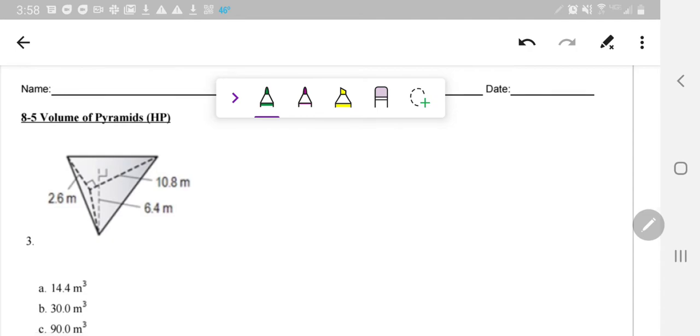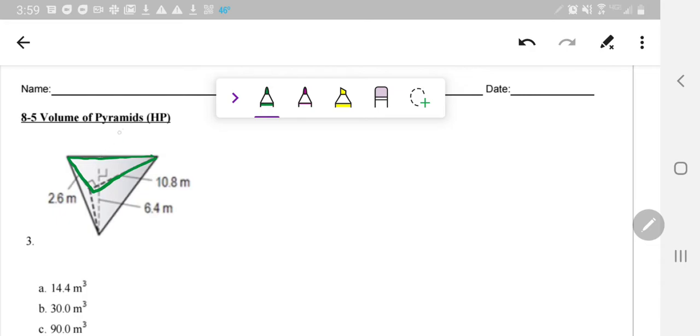This one looks very strange, and it's hard to wrap my head around what this is, but once I look at it for a little bit, I see that this is just kind of an upside down pyramid, where this is actually the base.